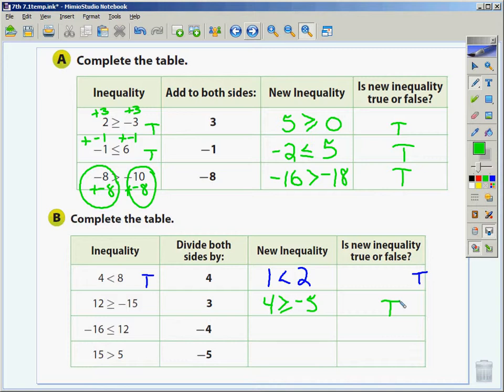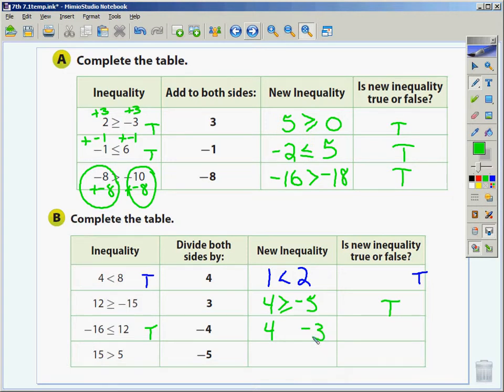Now take a look at the next one. It says a negative 16 is less than or equal to 12, which is obviously a true statement. What would I get when I divided a negative 16 by a negative 4? A positive 4. And what would happen if I took 12 and divided it by a negative 4? You get a negative 3.